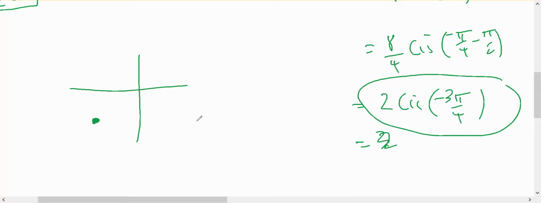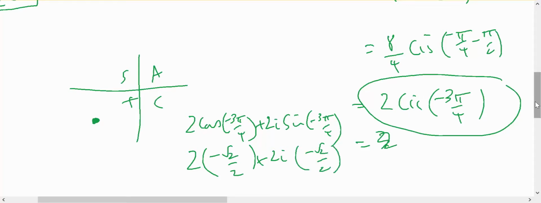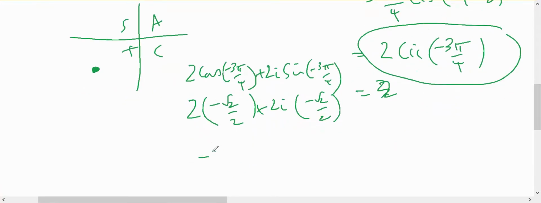And that will be 2 cos of minus 3 pi on 4 plus 2i sine of minus 3 pi on 4, which is going to be 2 lots of minus root 2 on 2 plus 2i times minus root 2 on 2, which gives me an answer of minus root 2 minus root 2i.